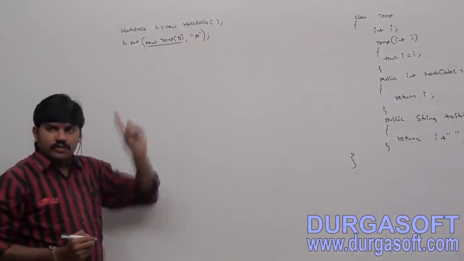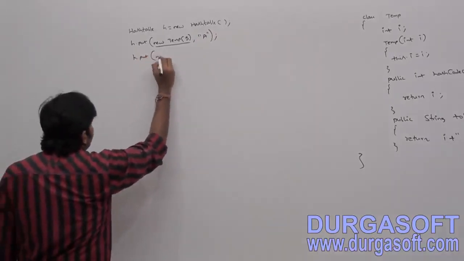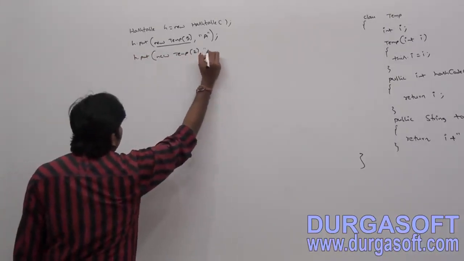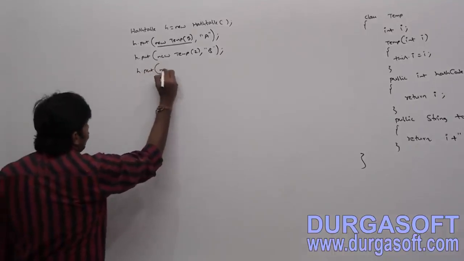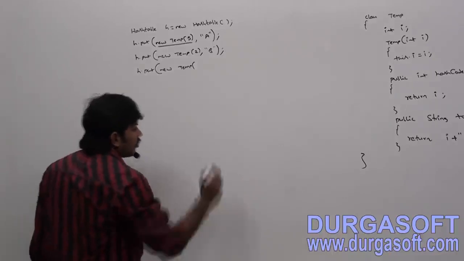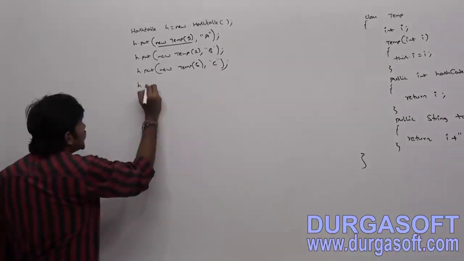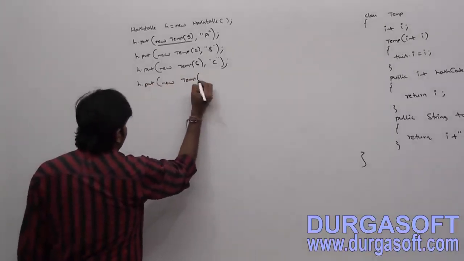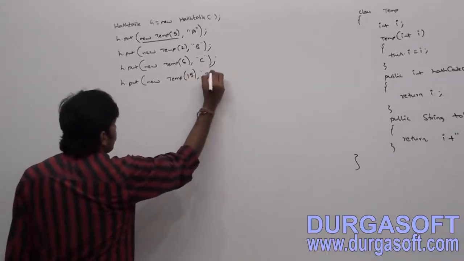One key-value pair we added. Can you tell what is the second entry? h.put(new Temp(2), B) is the answer. Next, h.put(new Temp(6), C). h.put(new Temp(15), D).